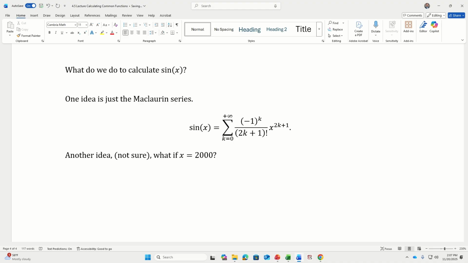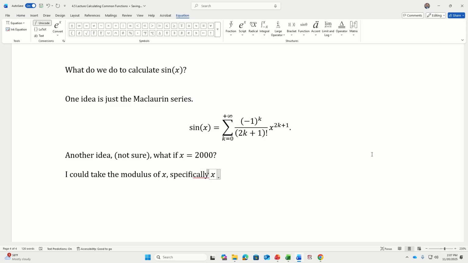So what could I do instead? I could take the modulus of x, specifically x mod 2 pi. Do you know what I mean by modulus?